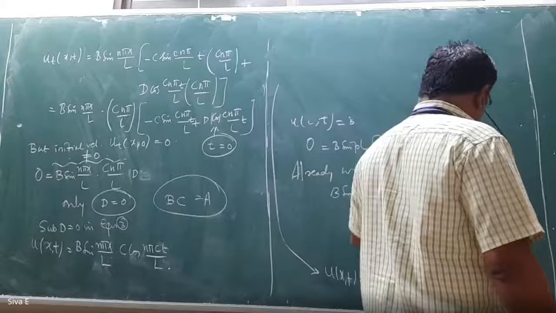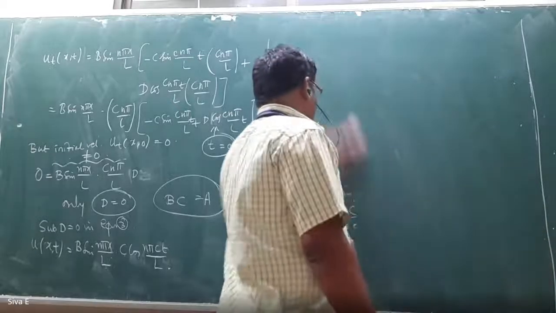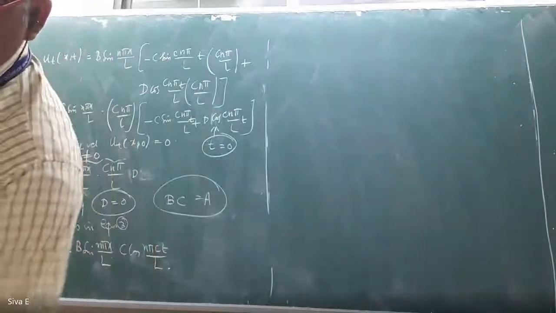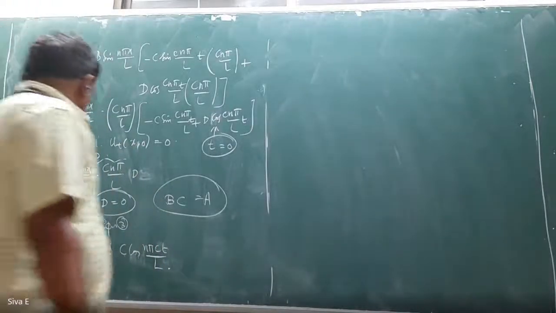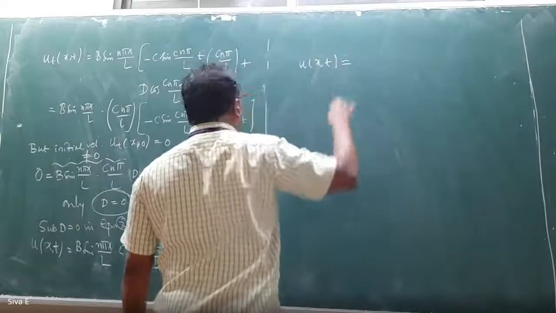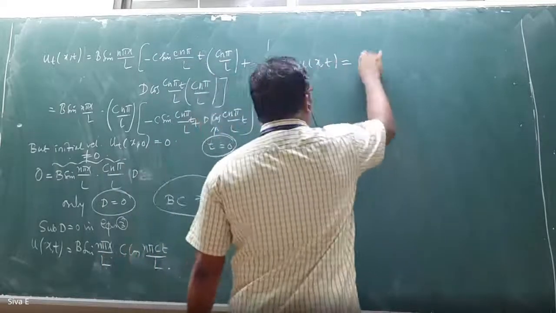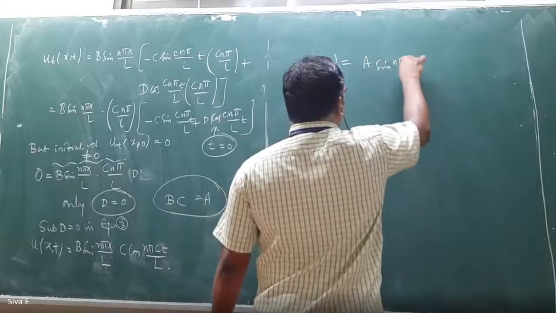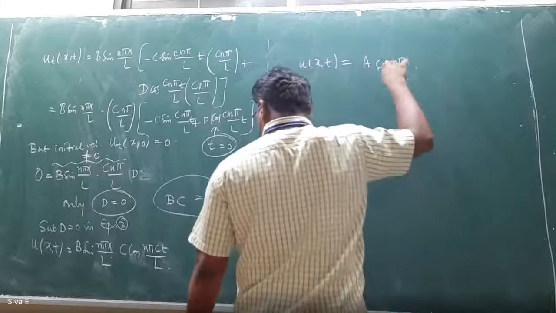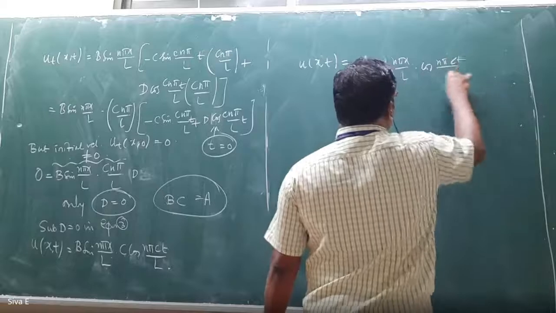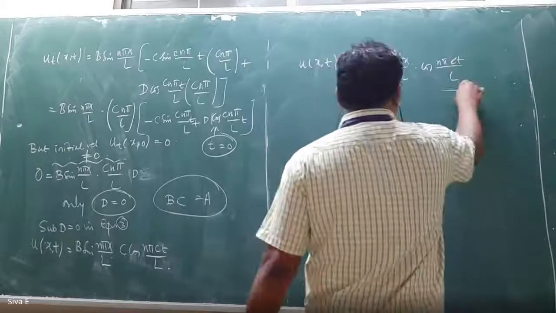Make it a single constant, and we will get u of x comma t equal to a sin(nπx/L) into cos(nπct/L), which is equation number 4.